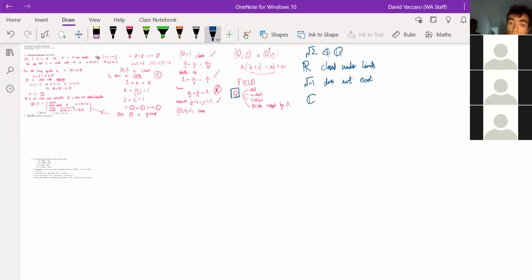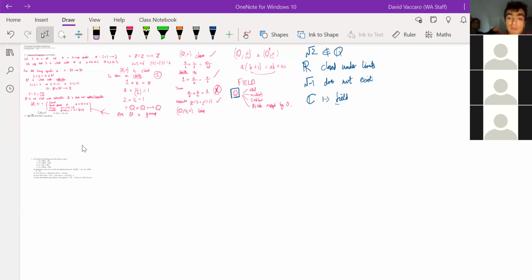So the complex numbers are a field, and they're a very special type of field. So when do we run out of complex numbers? There's a very particular special type of closure that complex numbers have.